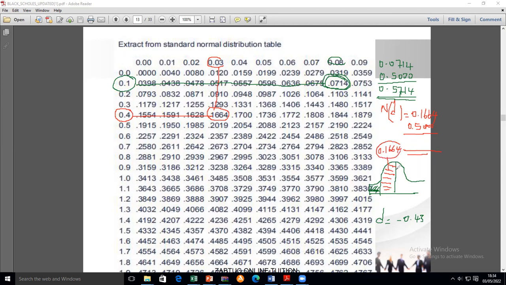So it is this portion, but you want this one. That is why they say, how do you find the figure? You take your 0.5, then you subtract 0.1664. You subtract from there to find this one here.